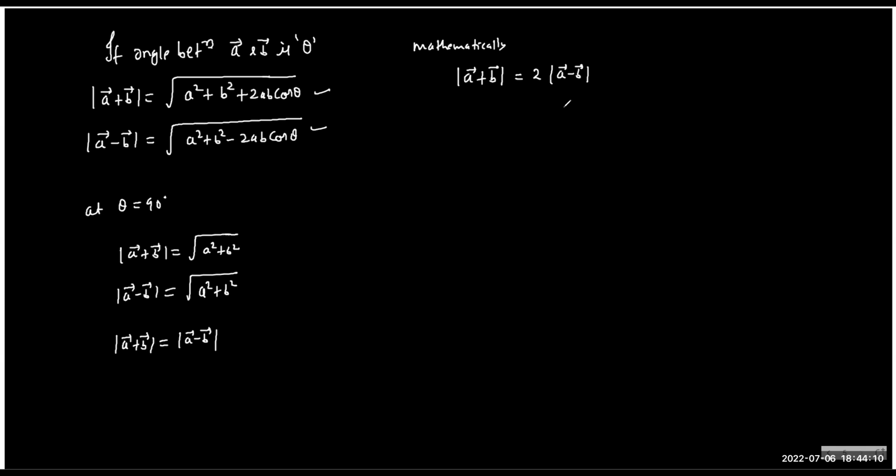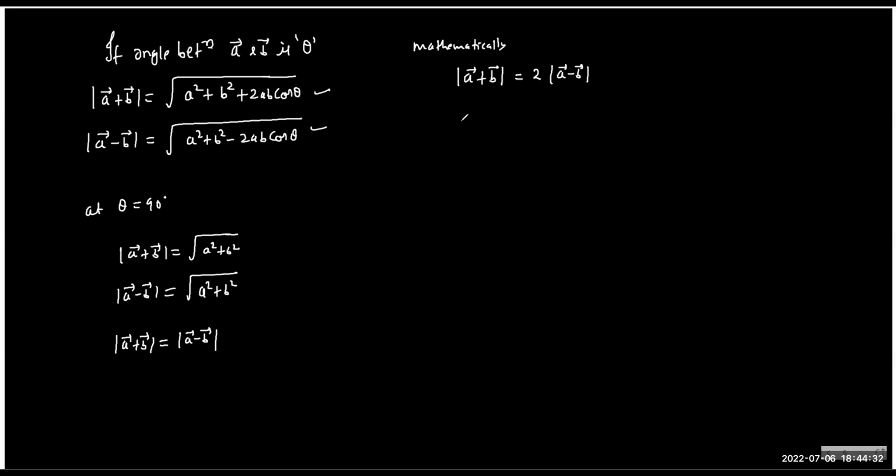Acute. Exactly. Only the acute angle gives the bigger value. So if A plus B is bigger than A minus B, because of the relation given, it's obvious. We can clearly say that the angle between them is acute without solving. No need to solve. We can guess it.